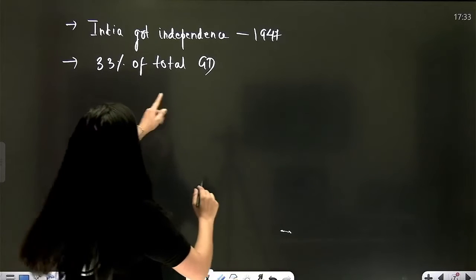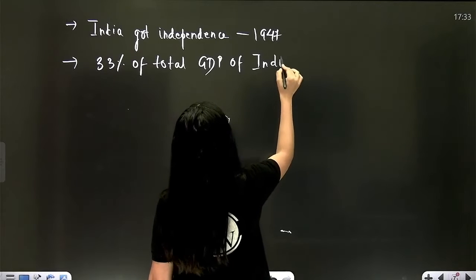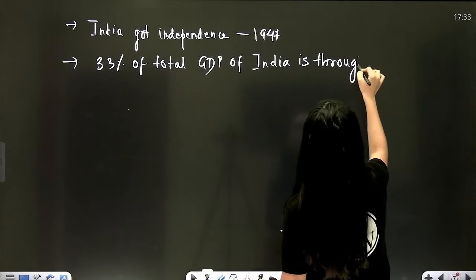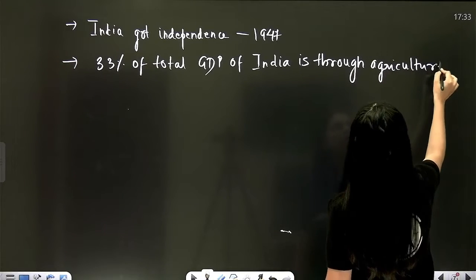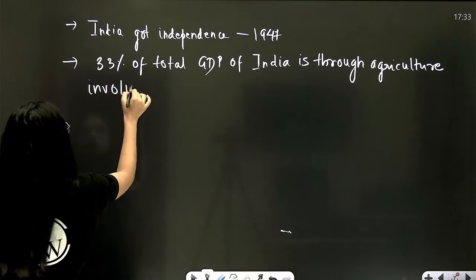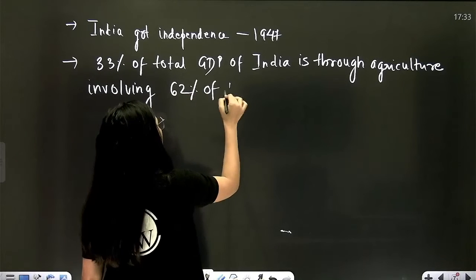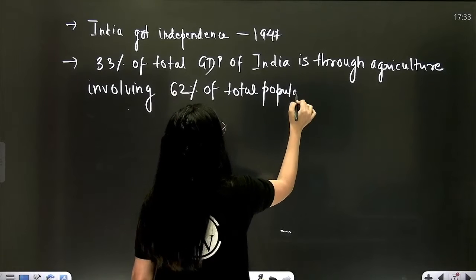So 30% of total GDP of India is through agriculture, involving 62% of the total population, which is a hell of a lot, right?